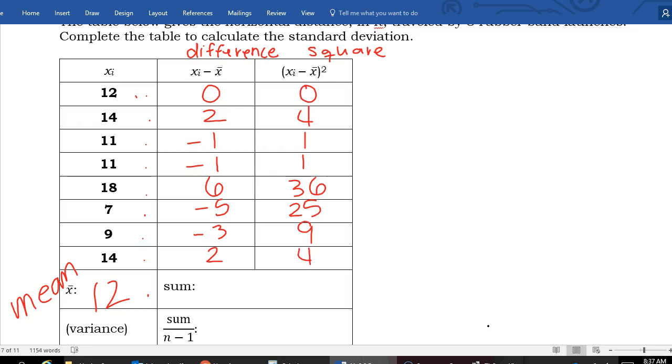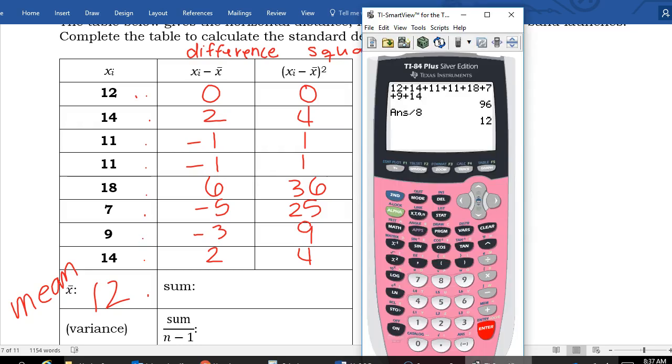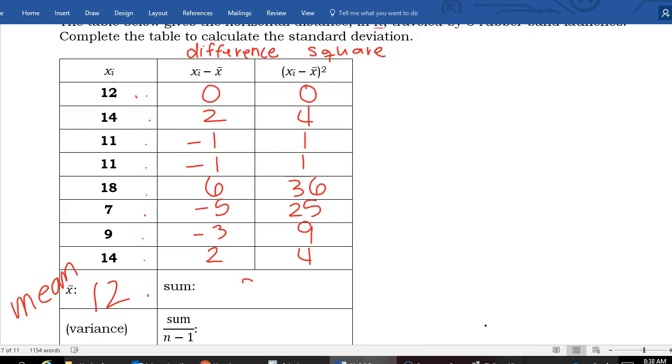The next thing we do is add all of the squared values. So we're going to go 0 plus 4 plus 1 plus 1 plus 36 and 25 and 9 and 4. We have a sum of 80.